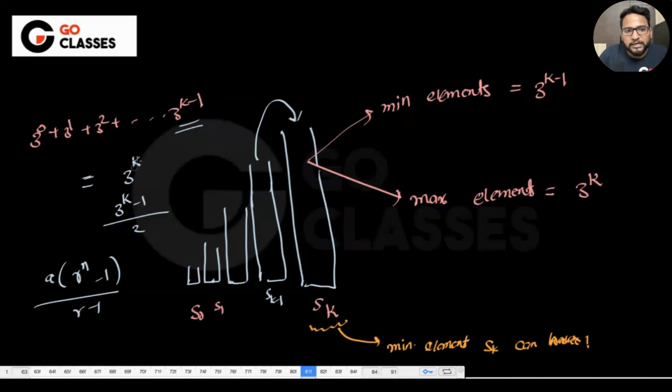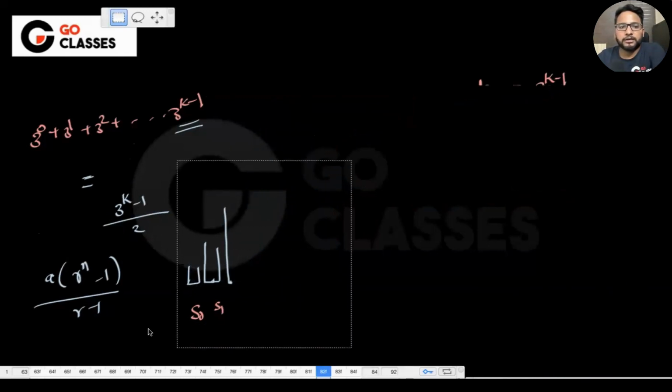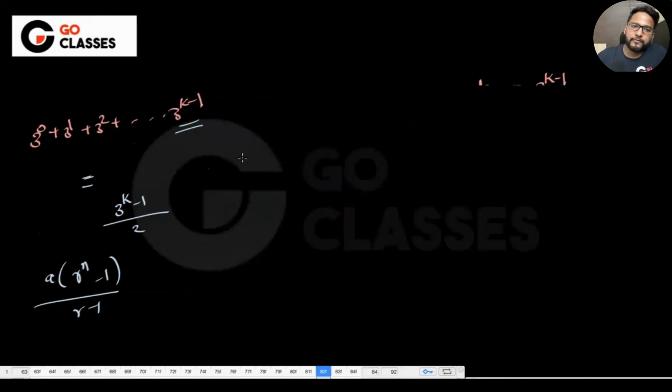Okay, so basically this n, I mean the minimum, you will say that n is at least this much, and the maximum n could be 3 into this, right?